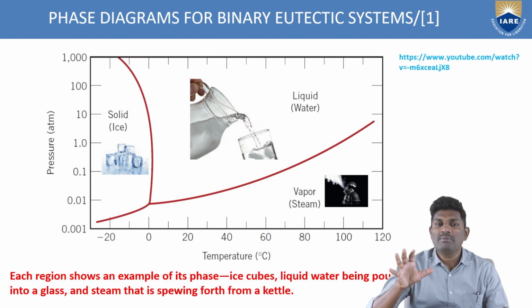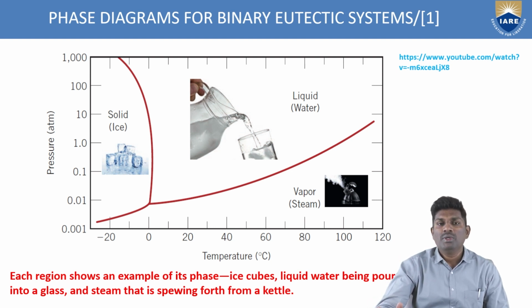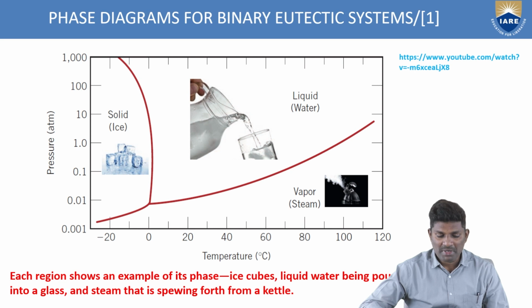All these can be inferred from the phase diagram. That's why phase diagrams are very, very important to characterize a given material, and they also give the mechanical properties and melting temperatures of any given material. This is how you can draw the phase diagram.